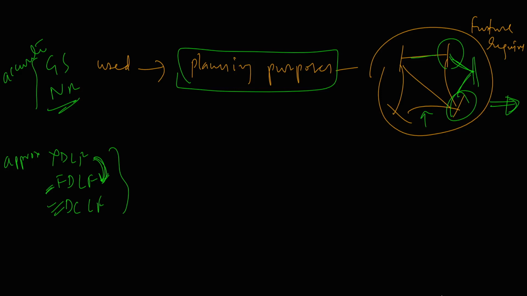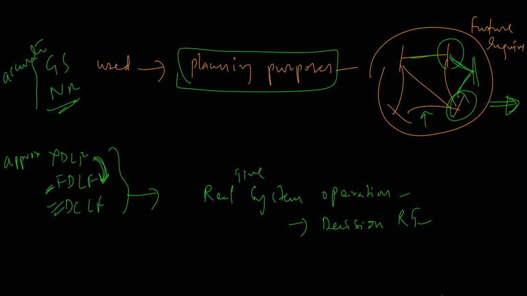These methods are used for real system operation, to take decisions in real time based upon the network condition. In terms of security, I have to take some immediate decision so that my system may not be blacked out, right? That is why they need to approximate and solve the load flow for a very large network very quickly.